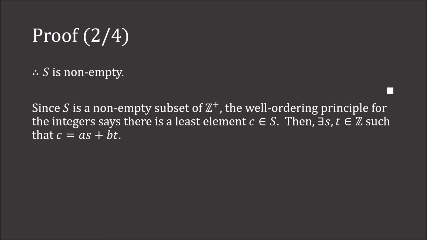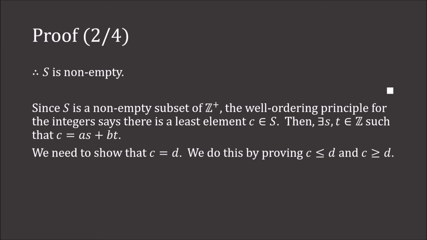Now, since S is a non-empty subset of the positive integers, the well-ordering principle for the integers says that there must be a least element in S. Call it c. Then there exist integers s and t such that c is as plus bt, because c is in S. We need to show that c is equal to d.